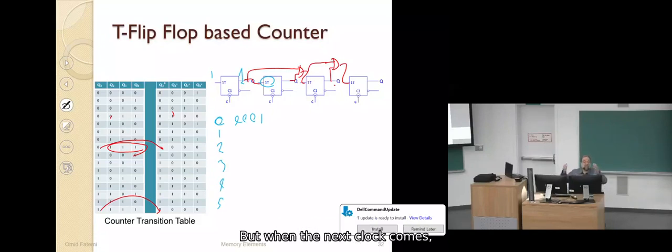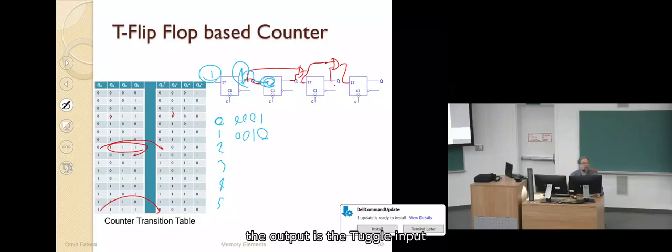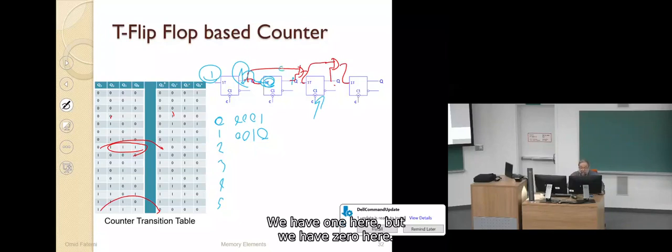When the next clock comes, Q0 is 1, so the input of T is 1, and it will toggle. Also the input of this flip-flop is 1, so this also toggles. But for the others, the toggle input was 0 at the time of the clock, so they don't change. The next clock comes. We have 1 here, but we have 0 here.